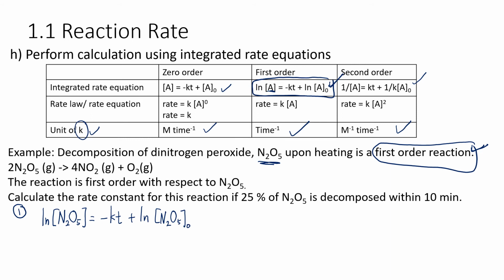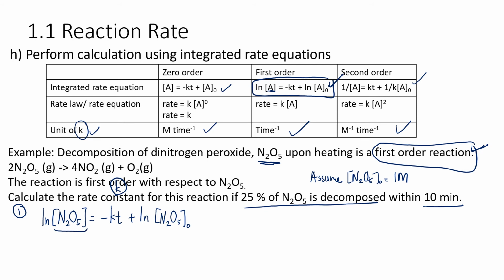So in this question, we are being given the time, asked to find rate constant k. We are not being given initial concentration. So what we can do is we can assume our initial concentration is equal to 1 molar. And the question says 25% decompose.